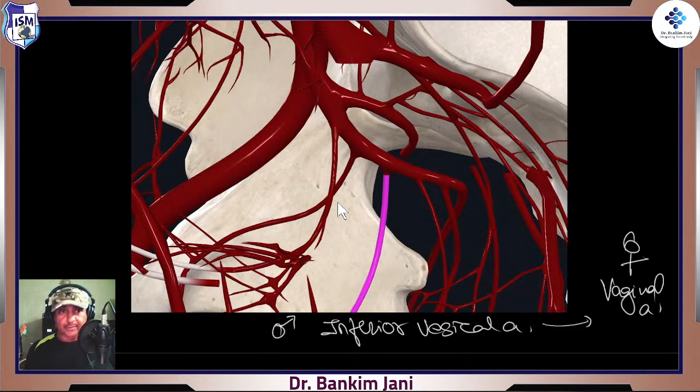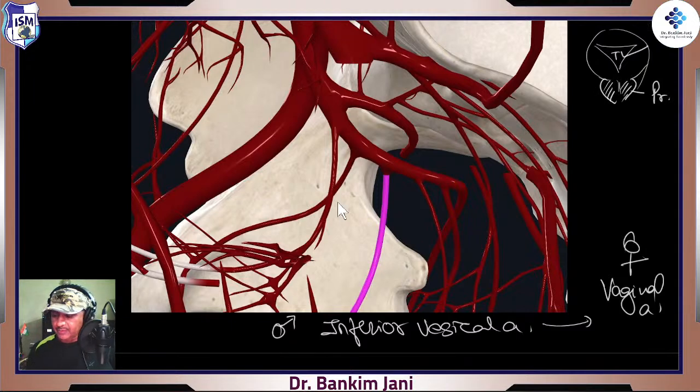Now this is important, right? Because this is supplying what? It would be supplying the trigone. That was the trigone in the urinary bladder. So this part is supplied. Then in the neck, there was the prostate, so it will be supplying the prostate.